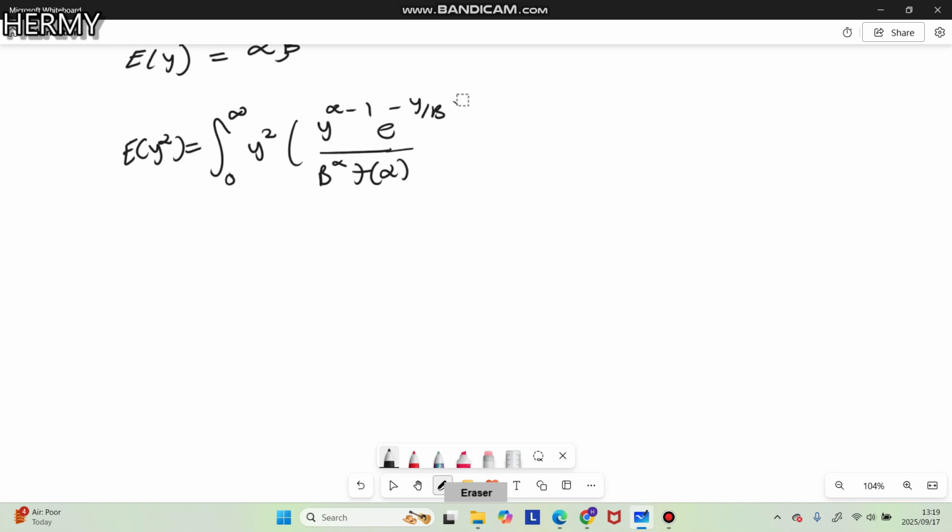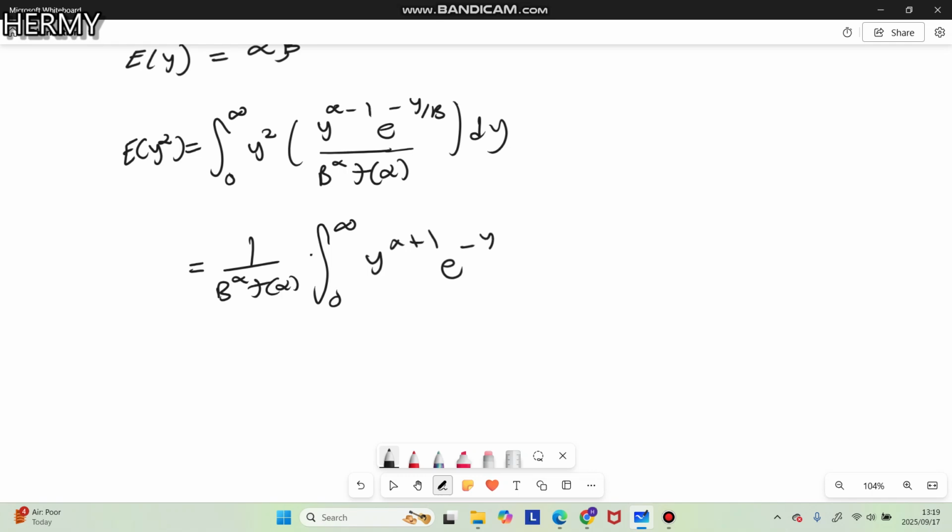This is the guy, dy. Then remember, take out the constant, the same thing here. Then leave 0 to infinity of y to the power alpha plus 1 e to the power negative y over beta dy. Because when you multiply powers of the same base, you add the exponent.